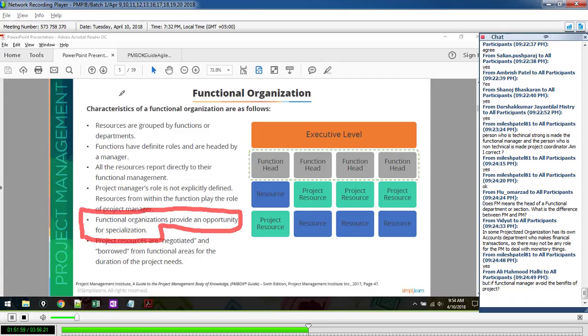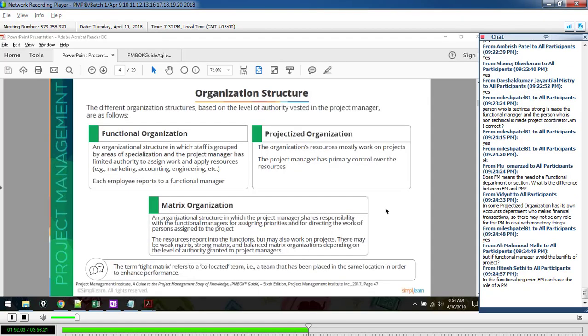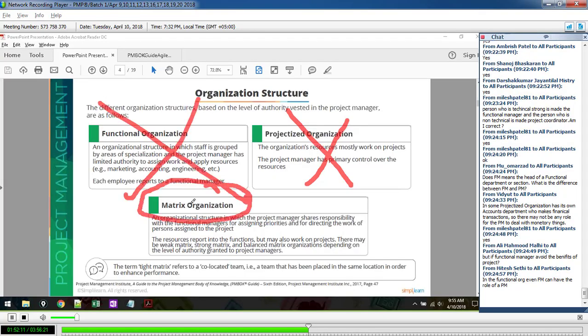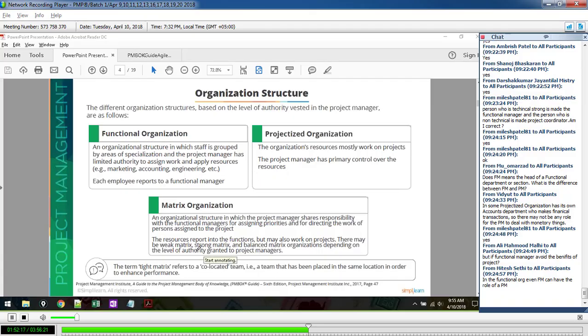Okay, so in reality, there's no such thing as a projectized organization. In reality, there's no such thing as a functional organization. They're all matrix. Strong matrix means I'm a consulting organization, but I have finance, accounting, and legal to support me.